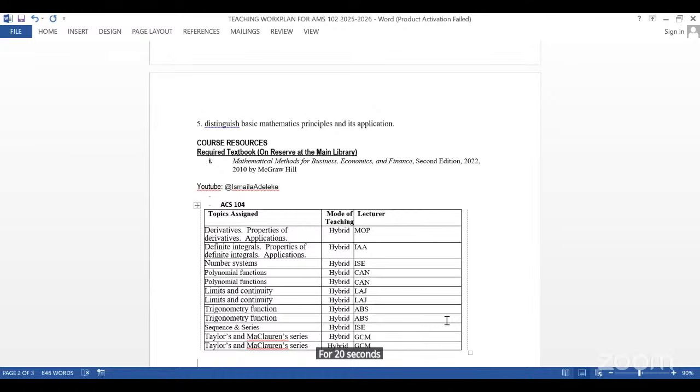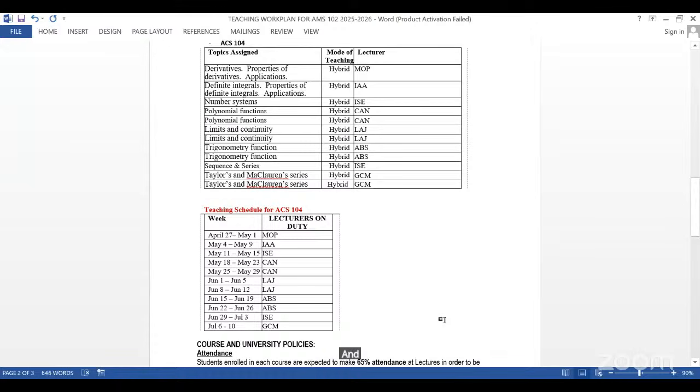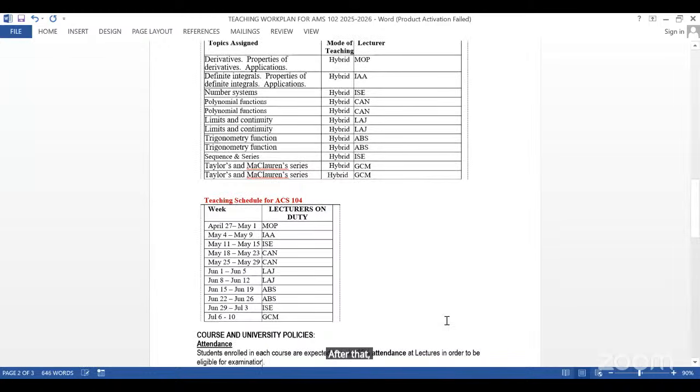We are supposed to teach you from May 27th, last week, and we'll end our teaching by July 10, before exams. Lecturers that missed their classes due to one reason or the other can make arrangements after that 10th of July.